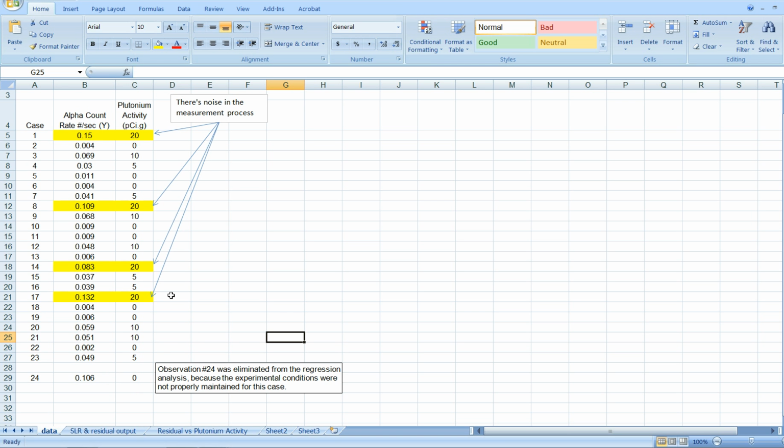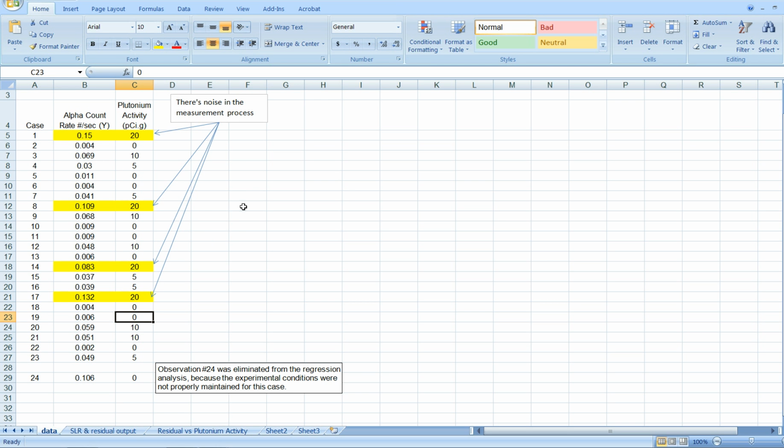The other thing I want to point out to you here, the reason I say that is because of the plutonium activity level of 0, the alpha count was 0.106, which is much different than what you would see for the other 0 values for the plutonium activity. So that caused some concern, and ultimately it was decided that that particular observation was fouled, and so it was removed from the analysis that I did here.